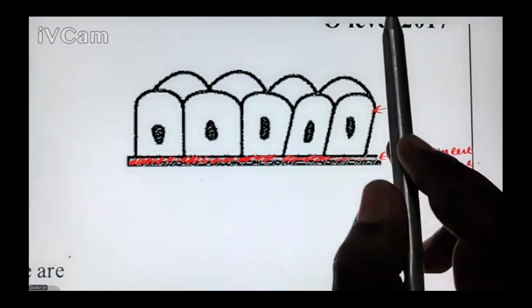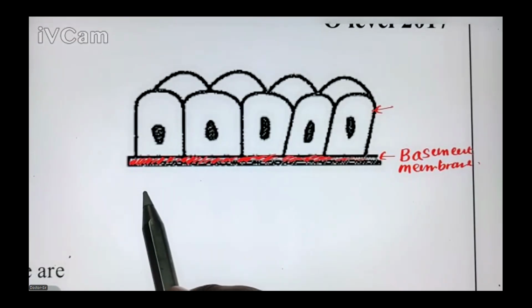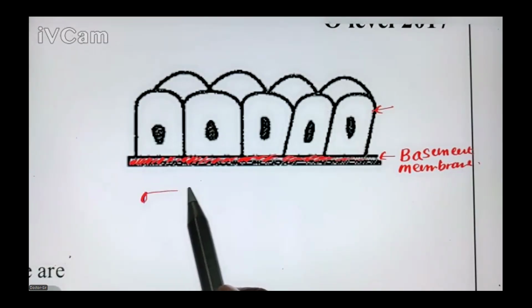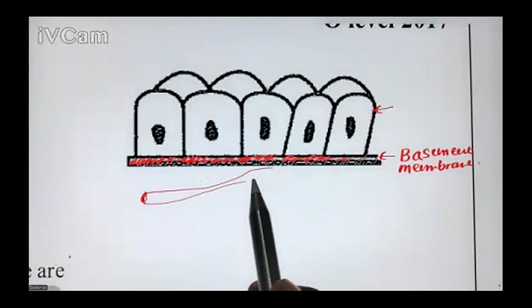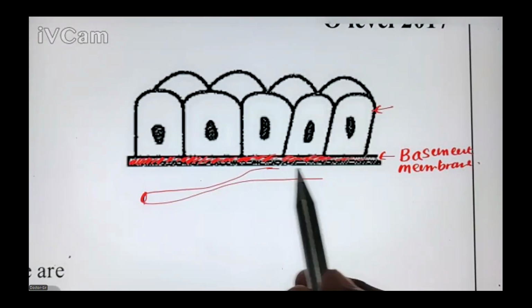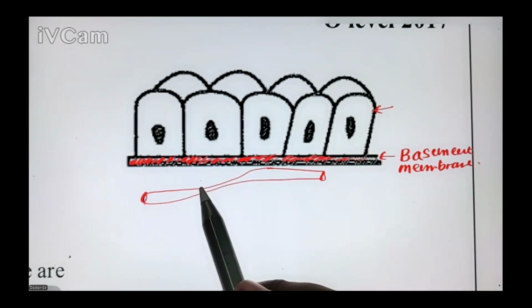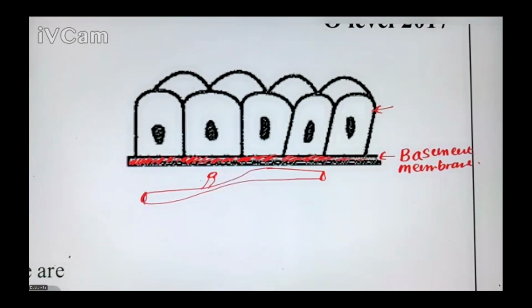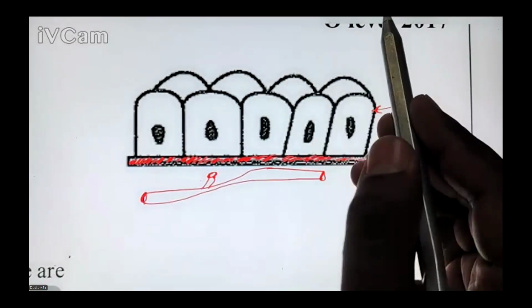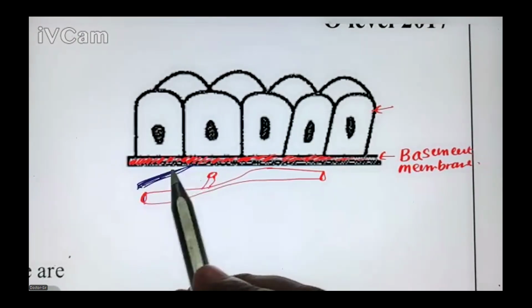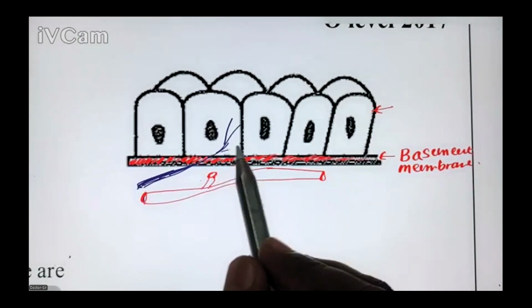Then another feature I will tell you, the blood vessels I will draw in red color. The blood vessels will come around the basement membrane, but cannot pierce the basement membrane. But the nerves come and pierce this basement membrane.